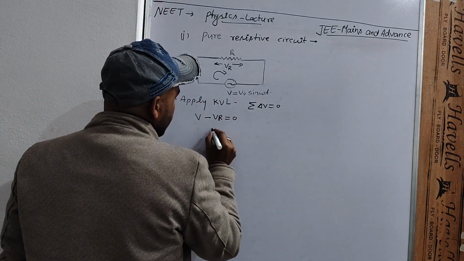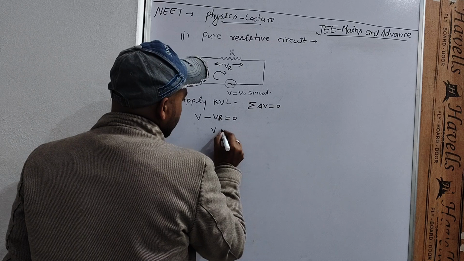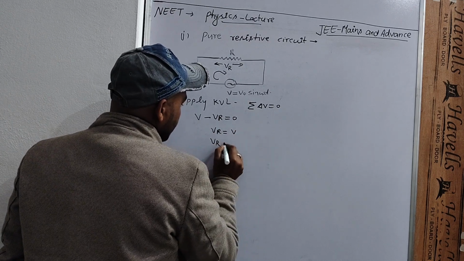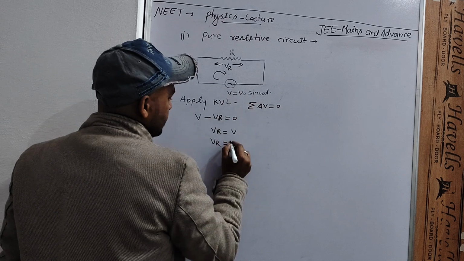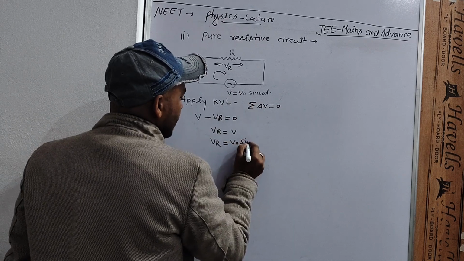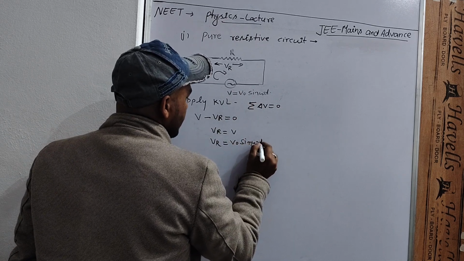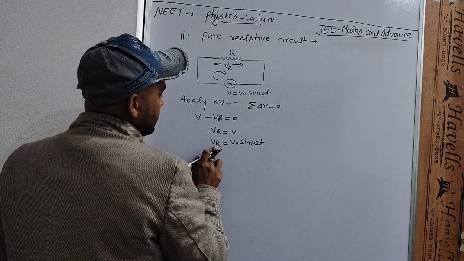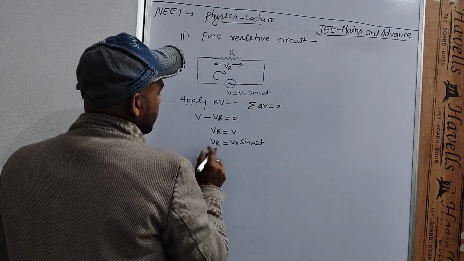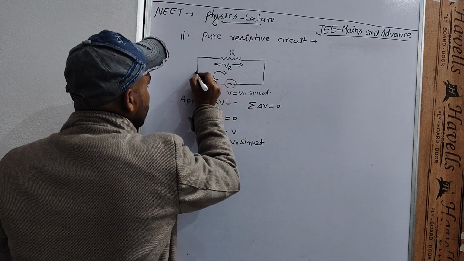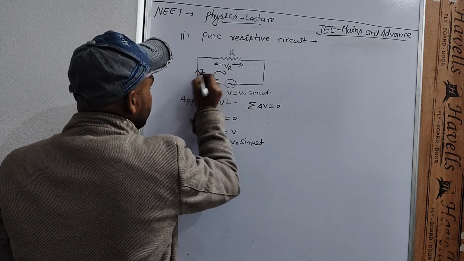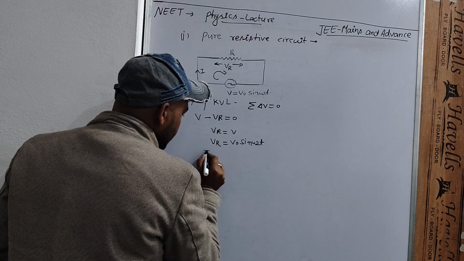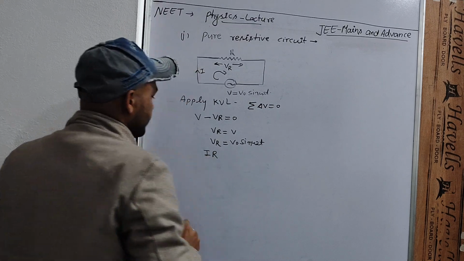Now VR will be written as VR is equal to V, and the value of V is defined as V naught sine omega t. And as you know, the voltage drop across the resistor is defined as, when the current I flows through this circuit, IR according to Ohm's law.